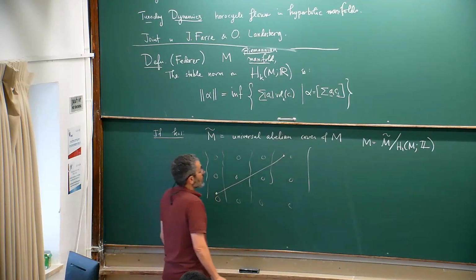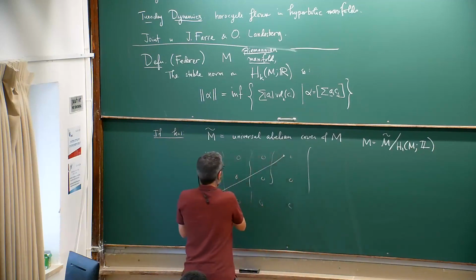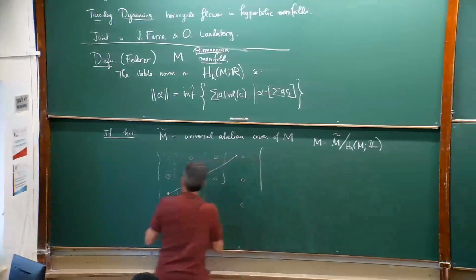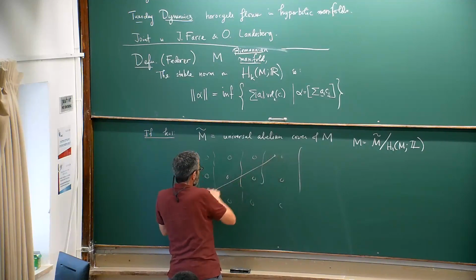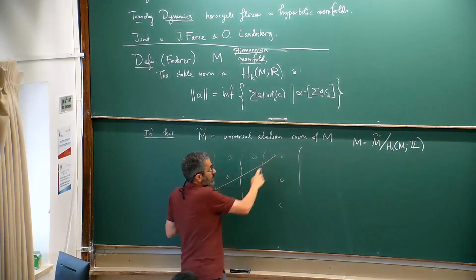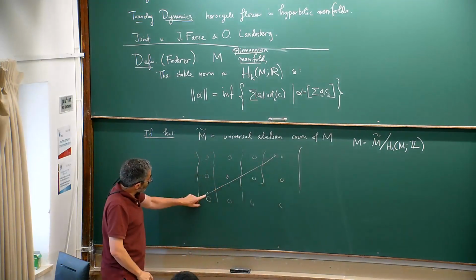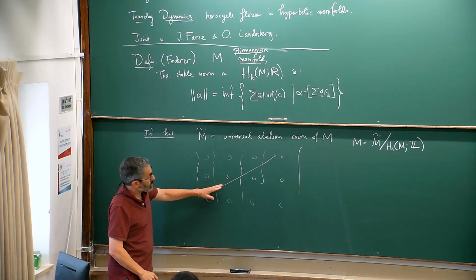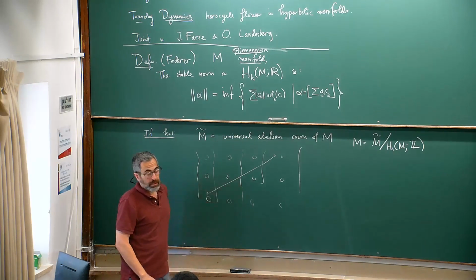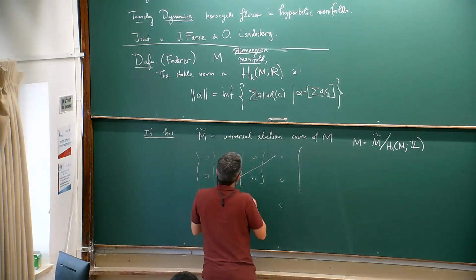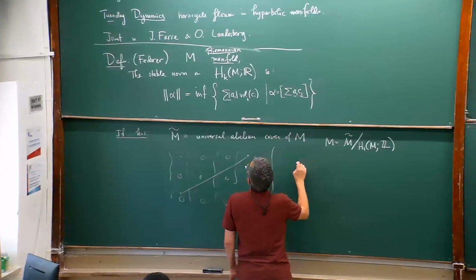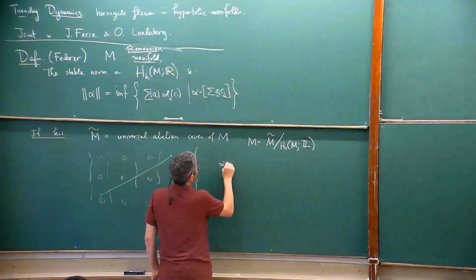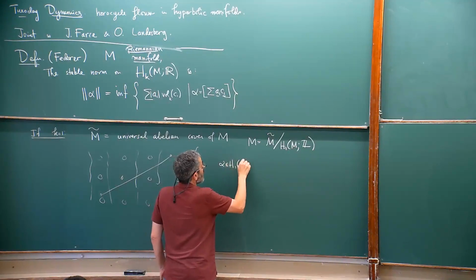If you take an integer element here and you look at a point and its image under that integer element, then you can measure the distance between these two points. If you move the point from the base point a little bit, it only changes the distance by a bounded amount. And so you could take a kind of limit. So if you take alpha in H1 of M, R, then you could take the following thing.